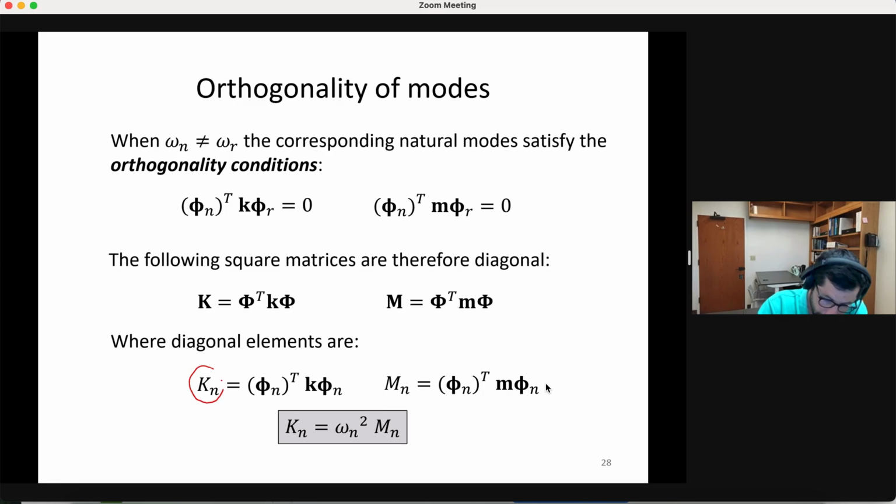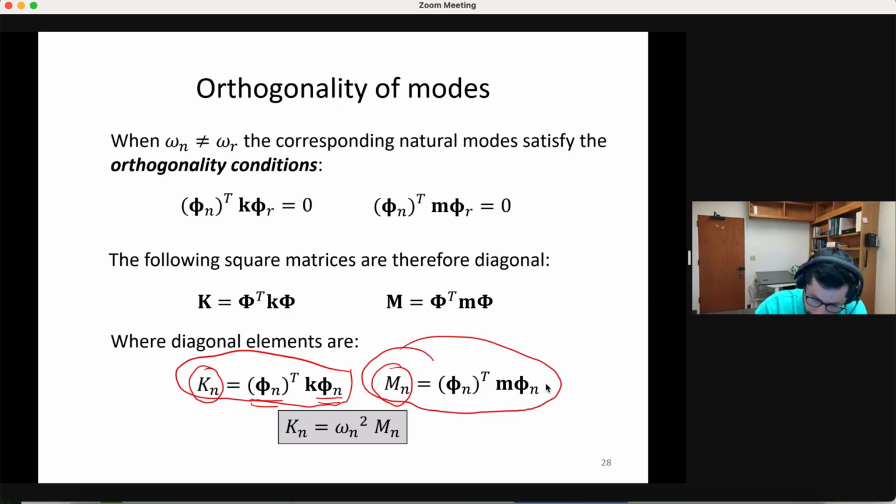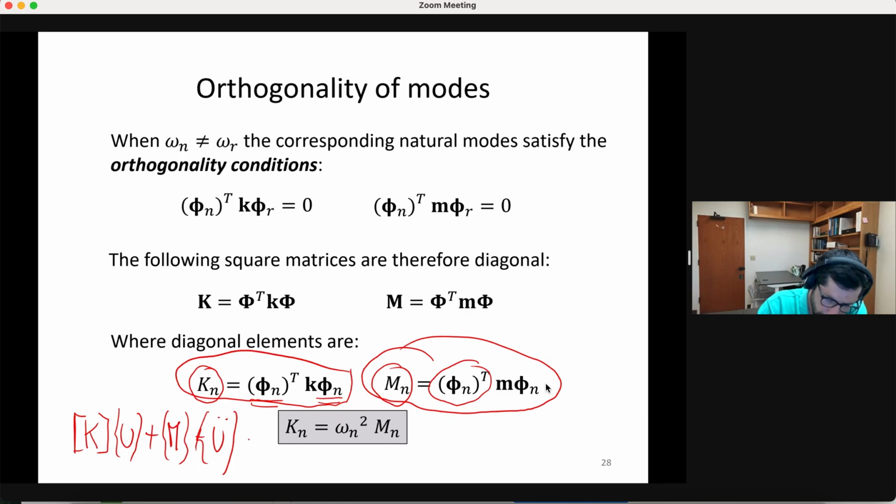If I define the stiffness matrix and the mass matrix in this way, meaning if I define them after I find the modes of vibration and I write them in this way, and if I define the mass matrix in this way after I find the modes of vibration, okay, if I perform these operations, then my problem will be the same problem that I had before, meaning the stiffness matrix times the displacement vector plus the mass matrix times the acceleration vector is equal to 0.